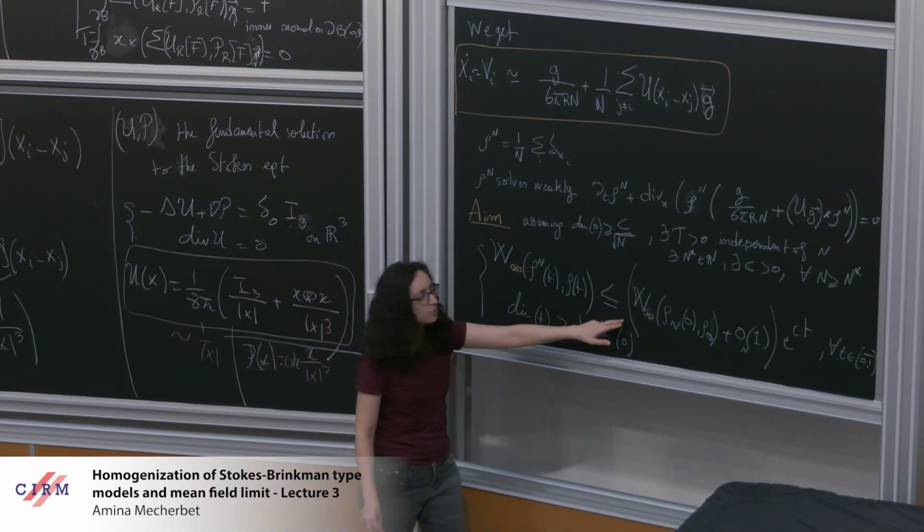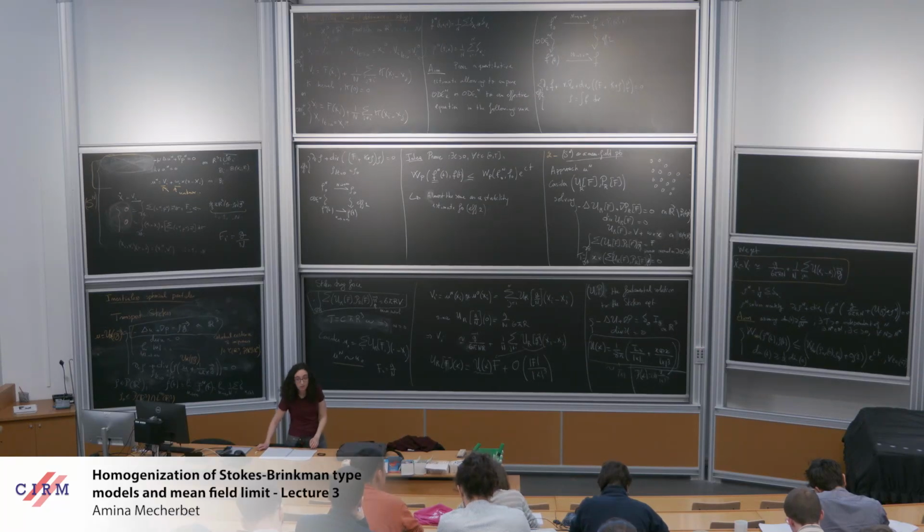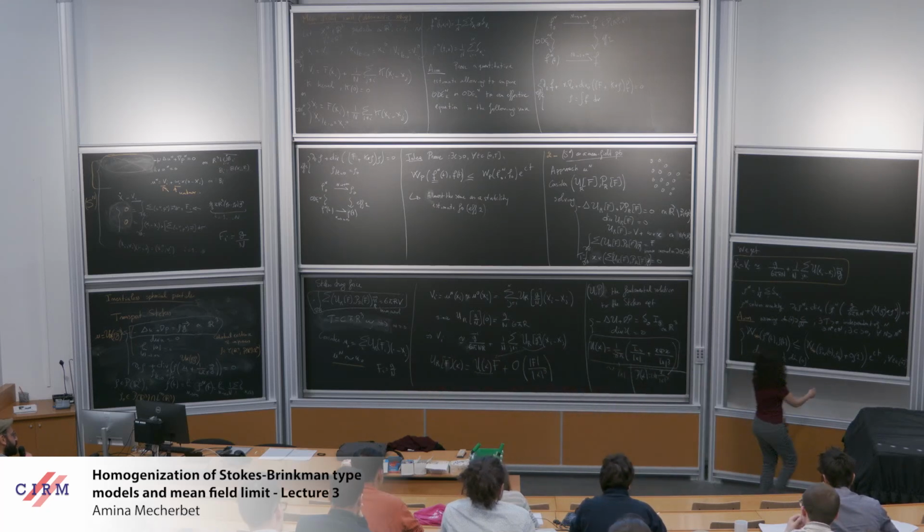And this we will see, I hope, if I have time to give you an idea about the proof of this result. If there is no question, yes? So here you get 1 over n to the power 1/2.